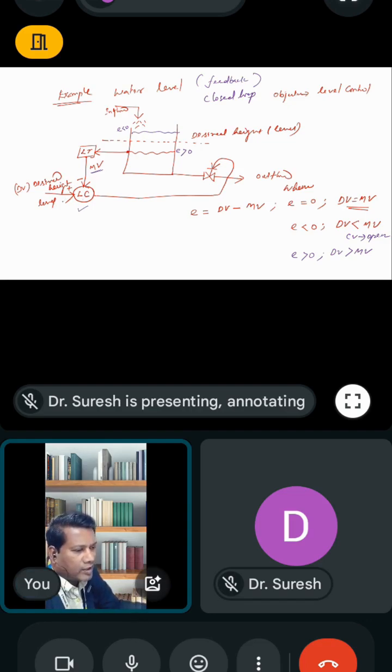Based on the error signal, it takes corrective action, either opening or closing the valve to maintain the desired height. I hope everyone is clear about what a control system is, types of control systems, and applications of control systems.